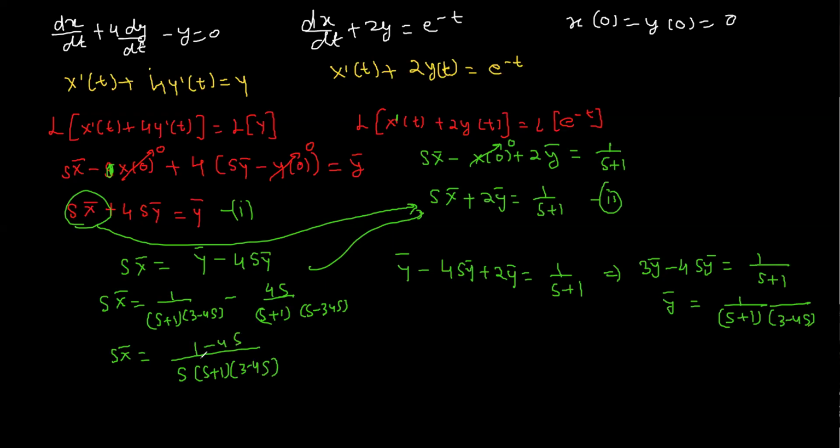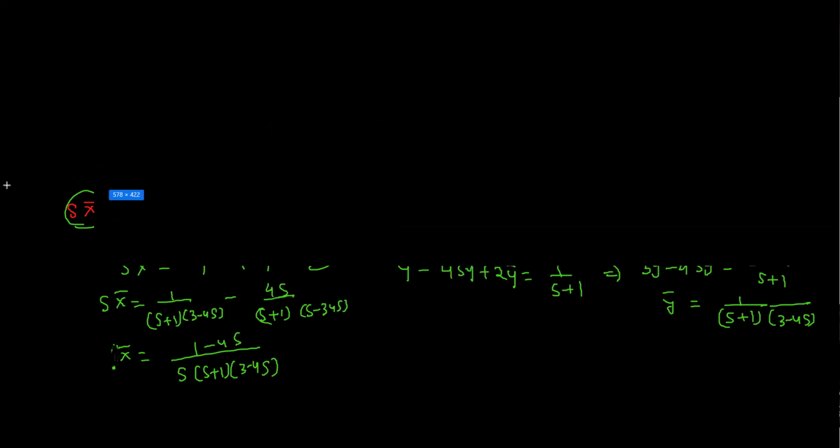One minus 4s, right? Okay, now see. Solve separately and find the value of x and y. How? First, I will solve for x bar, and then for y bar.